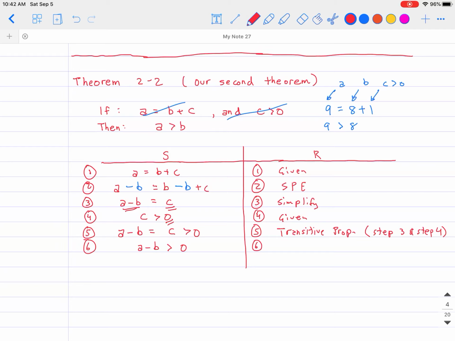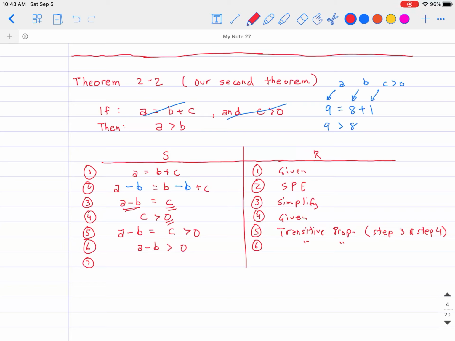So for that one, I'm going to say transitive property one more time, because we're just cutting the middle part and saying that the left-hand side is equal to the right-hand side, okay? Technically, I guess we don't really need part 5, but I'm writing it in there so you can actually see what's happening. Okay, so we can actually put it all together if you want.